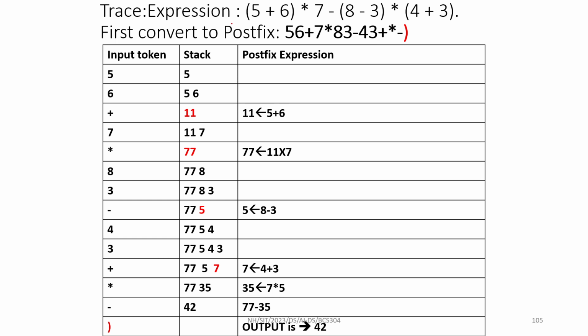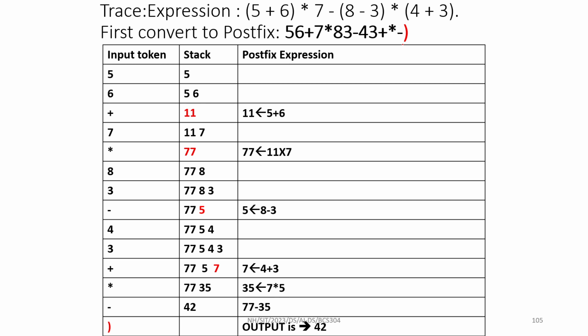We have solved this last day, but with variables. The given expression is 5 plus 6 into 7 minus 8 minus 3 into 4 plus 3. For this, the first step is to convert this expression into postfix form. Now, to avoid confusion about when to stop, better you put one closing bracket. Remember that only one closing bracket you have to put.